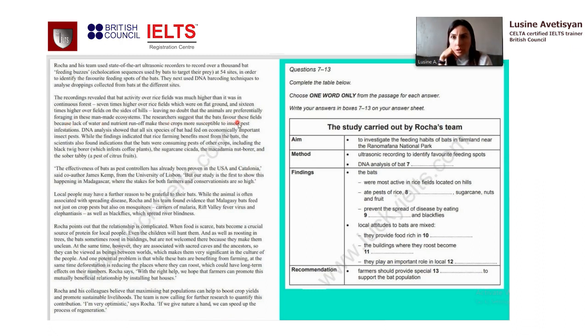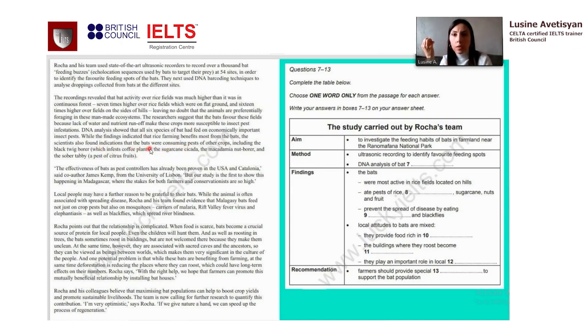Let's see what pests. About eating. Let's see what they ate. Okay. They were consuming pests, consuming, using, eating, finishing that.